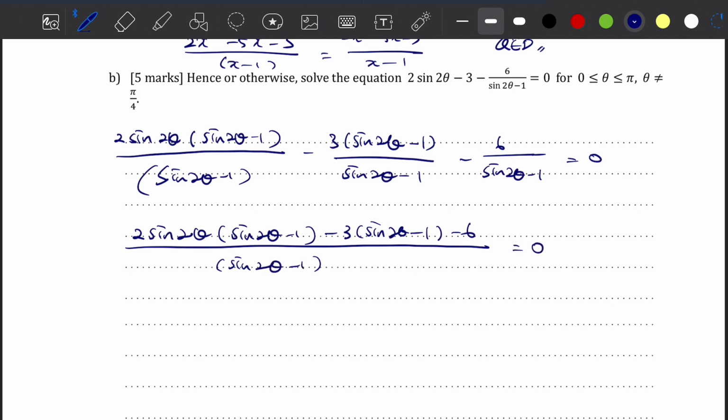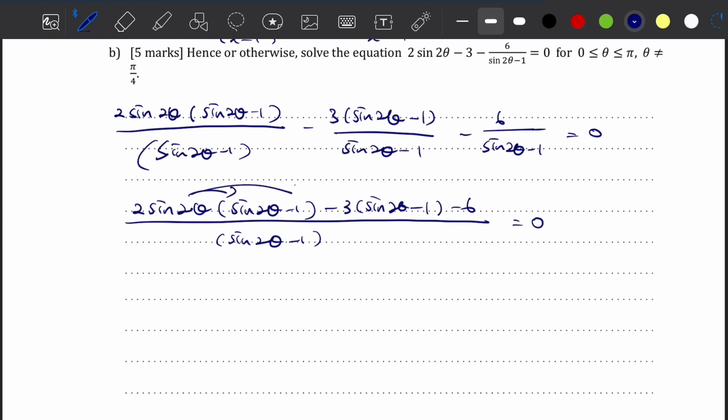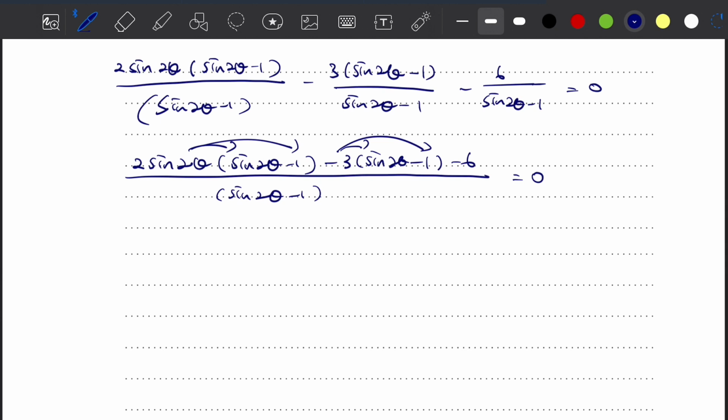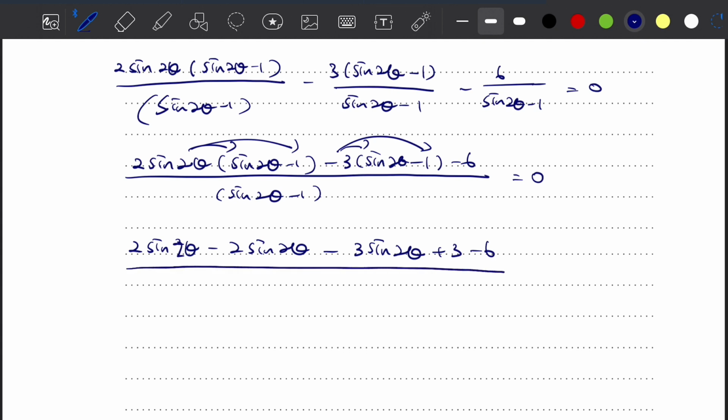Then after expanding everything, you get 2 sine squared 2 theta minus 2 sine 2 theta minus 3 sine 2 theta plus 3 minus 6 over sine 2 theta minus 1 equals 0.